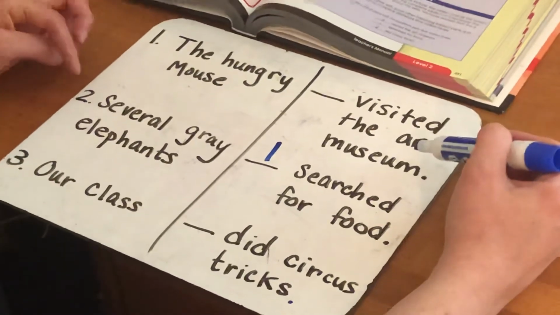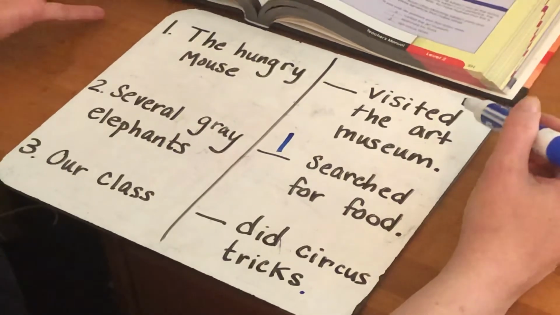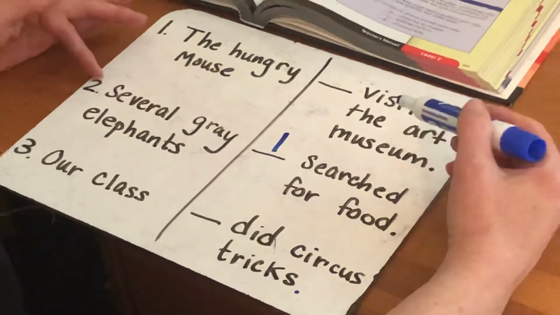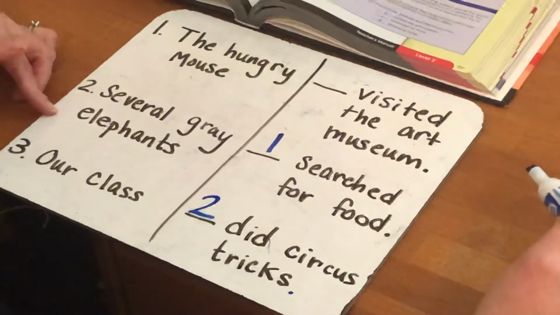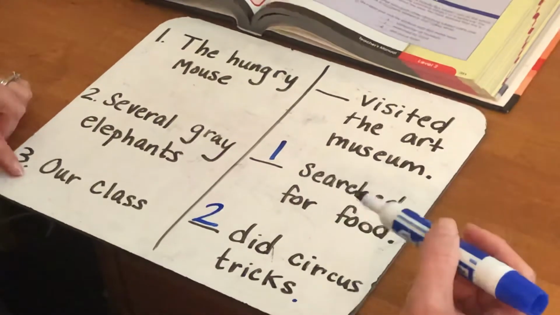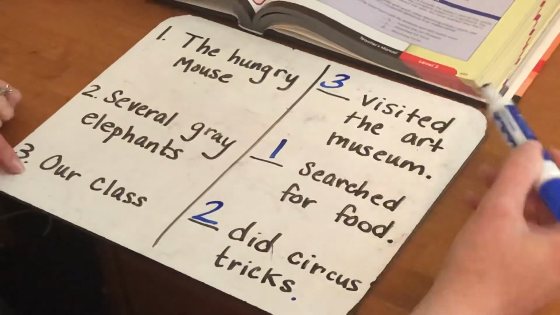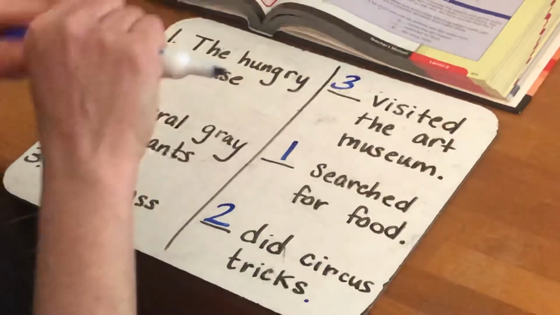Well, that would be a disaster. Remember when we went to the art museum? Could you imagine elephants running around in there? That would be crazy. Several gray elephants did circus tricks. Yes. And number 3, our class visited the art museum. We sure did. How many of you wanted to say that our class did circus tricks? Ha ha ha. All right.